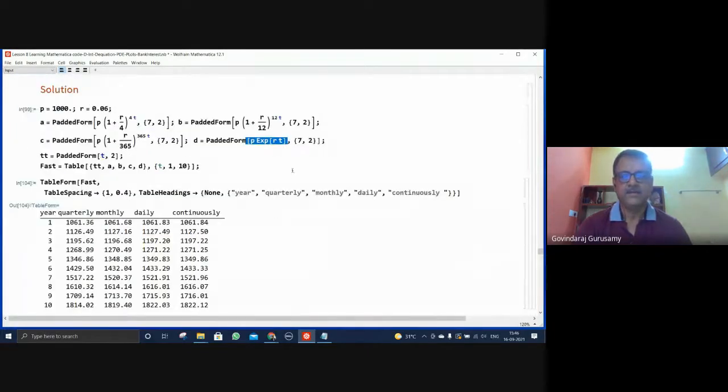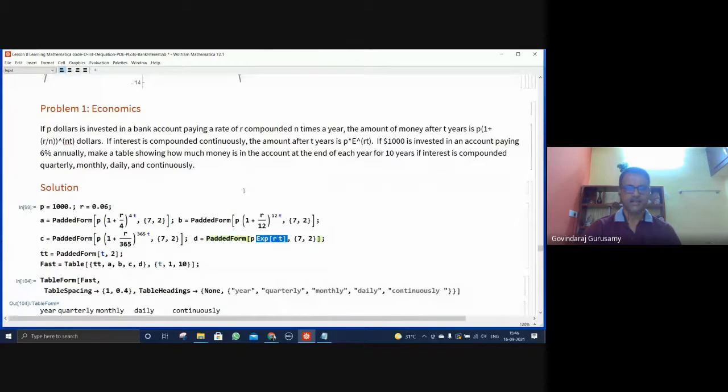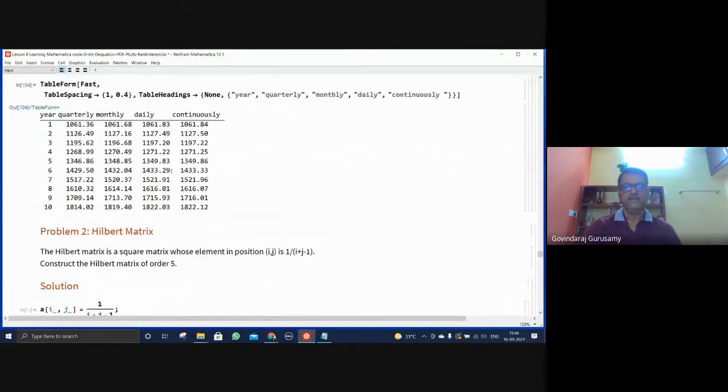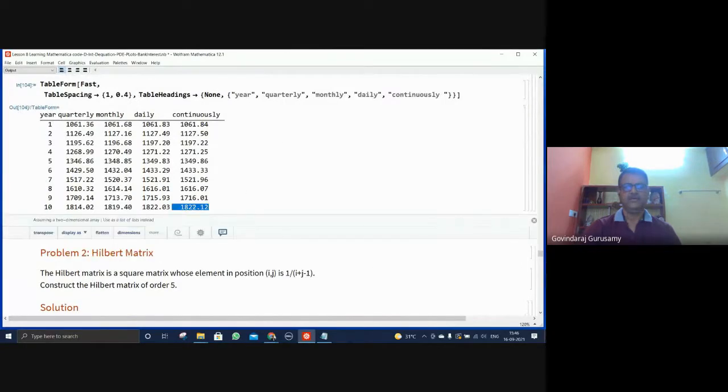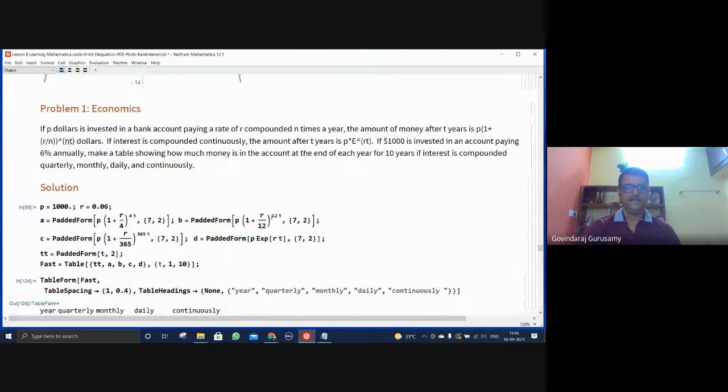And continuously means you will end up with this formula e to the power rt. This is the natural growth. It doesn't mean that you will add every second or millisecond and it will become a huge amount of money. No, it's not possible. It happens only within the limit of e to the power rt.